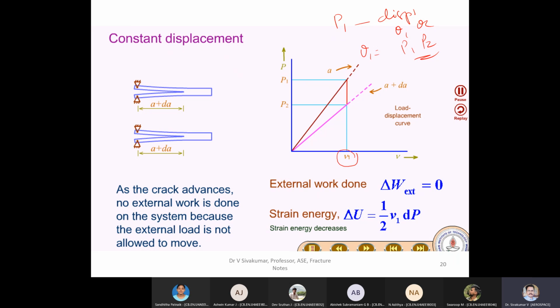Both should be consistent, because there should not be variation. So let us see. As the crack advances, this is A plus delta A.